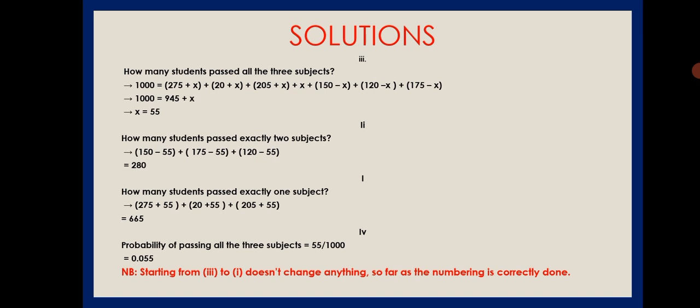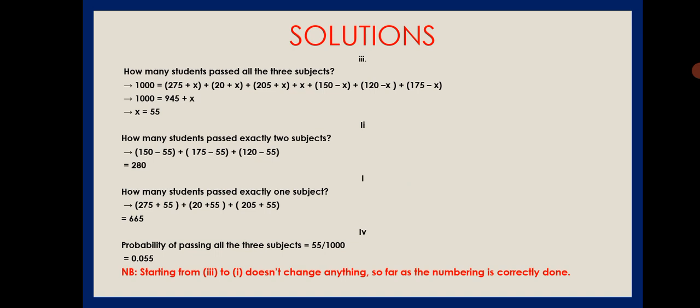The first question says, how many students pass all the 3 subjects? We said 1,000 is equal to, remember the universal set is 1,000. So 1,000 is equal to the individual regions.